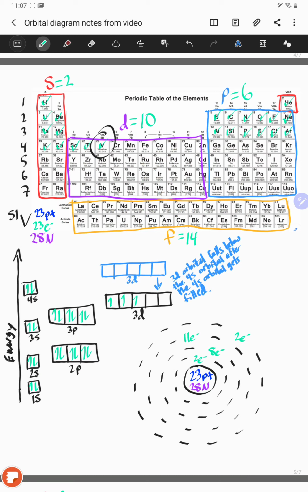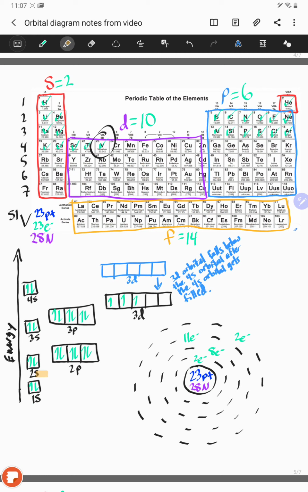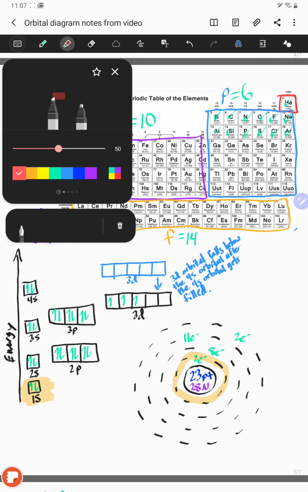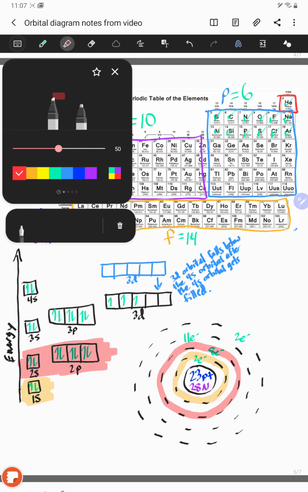So we can tally up our electrons. The first energy level has 2 electrons, and the first energy level here has 2 electrons. The second energy level has 8 electrons. See, the 2's corresponds to the second energy level, and here we have 8 electrons on the second energy level.